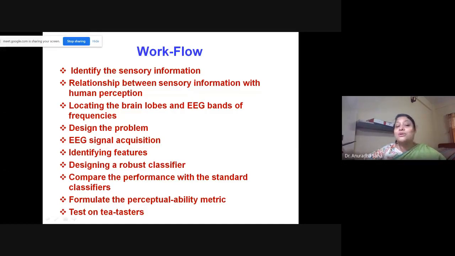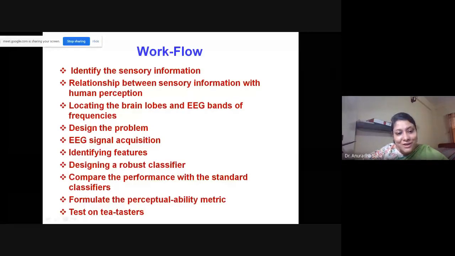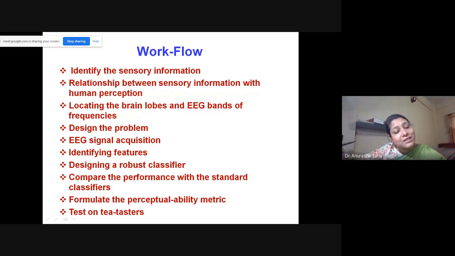So we should locate the exact brain lobes from where we are going to collect the brain signals to process. And since these brain lobes are associated with some cognitive task, there must be an association with EEG bands of frequencies. That means whether it is associated with delta, theta, alpha, or like that. That means what frequency region we are getting those EEG signals from.